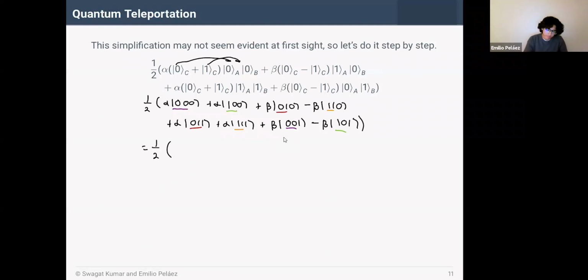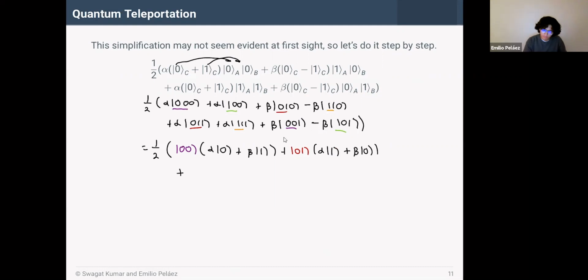So again, 1/2, and we get, let me just do it in purple, 0, 0. And the first one with the alpha, the remaining is alpha 0 plus beta 1. Then let's do 0, 1, and that's alpha 1 plus beta 0.